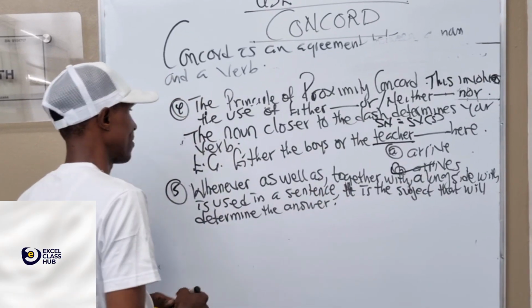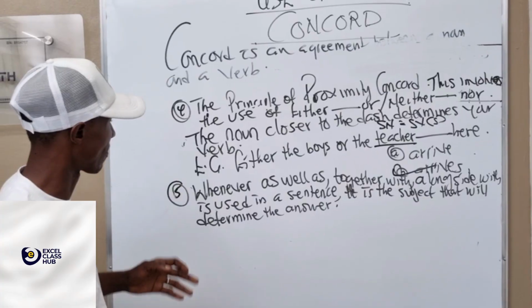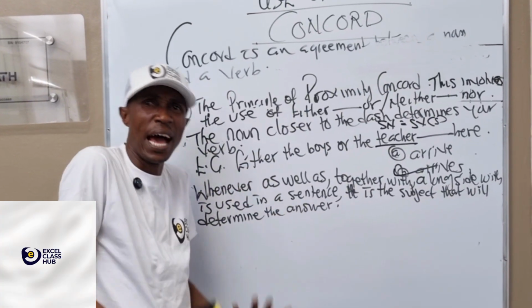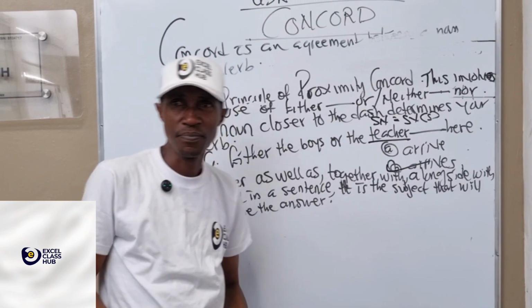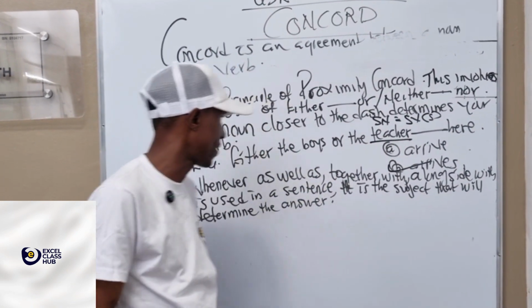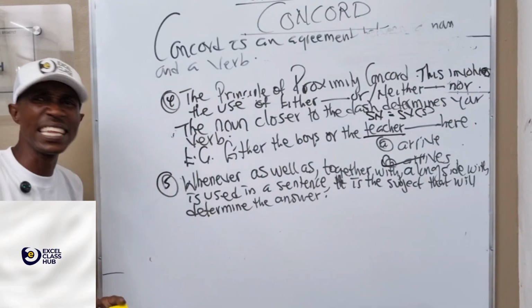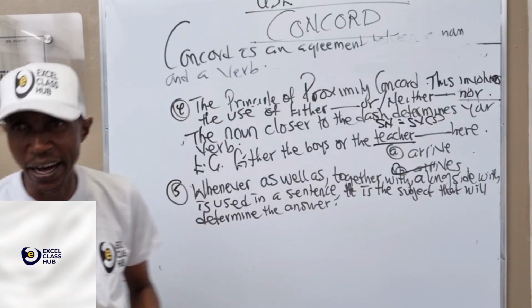It is the subject that will determine the what? The answer. So when you see as well as in a question, you see together with in a question, you see alongside with in a question, we are saying that it is the subject that will determine your answer.